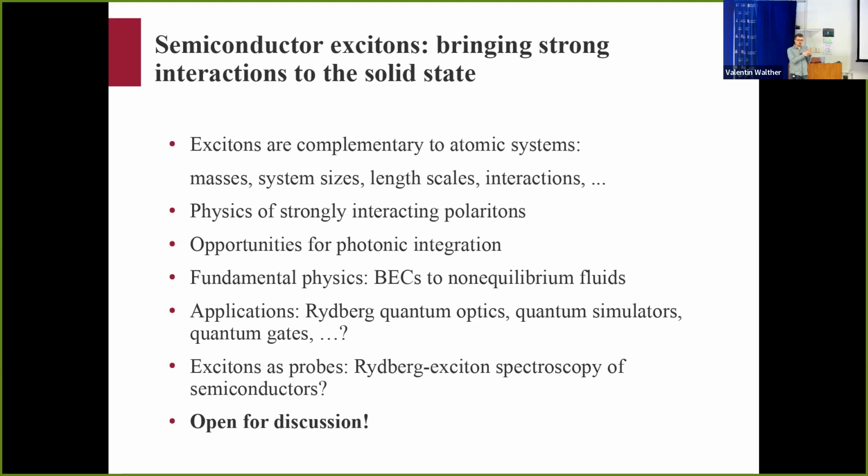The other is that at high densities, when you have lots of excitons, there's a connection between an excitonic state and a BEC state. You can go over from a BEC of excitons to a BCS state. That happens at very high densities.